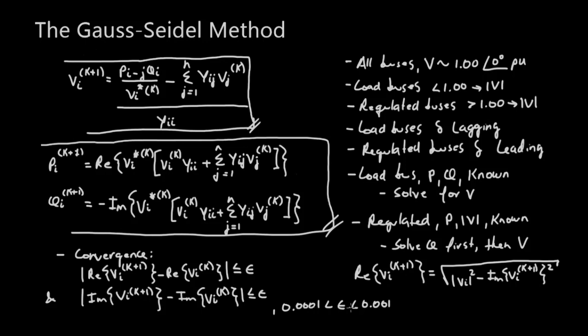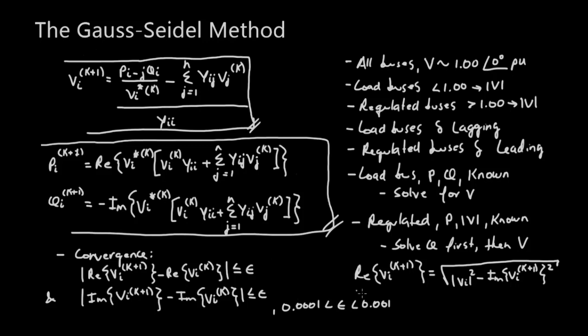And of course, something that you need to consider is that if you make that too tight, so if you make this, let's say, instead of 0.0001, 0.00000001, then you might need to make several iterations before you get to a solution that's that accurate. So you want to balance the accuracy of this solution and the number of iterations that you're going to need to perform to get to that solution.